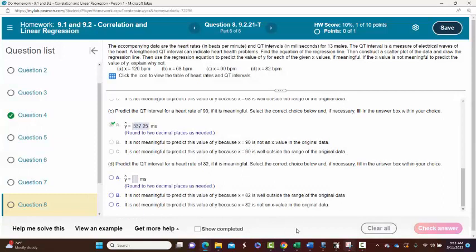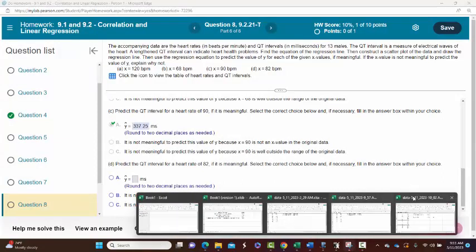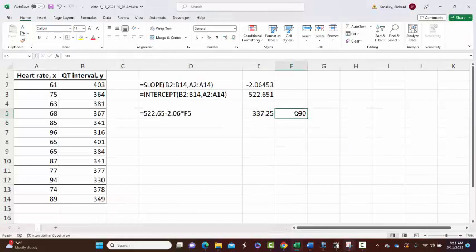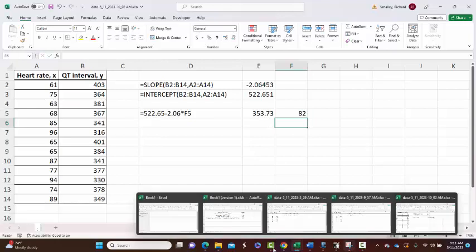And 82. That'll be the last one for this one. I think we'll do one more. 353.73.